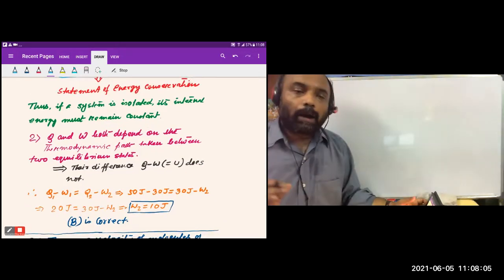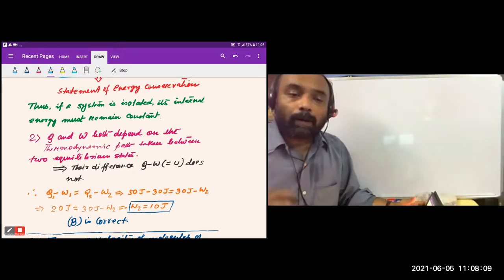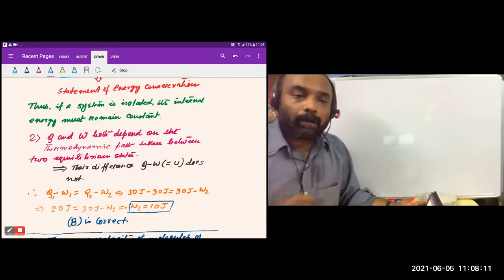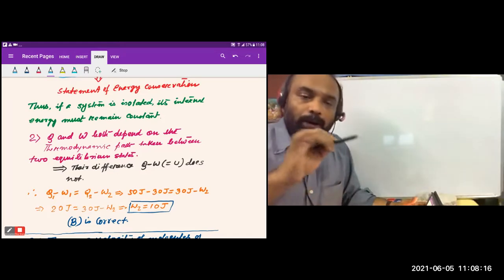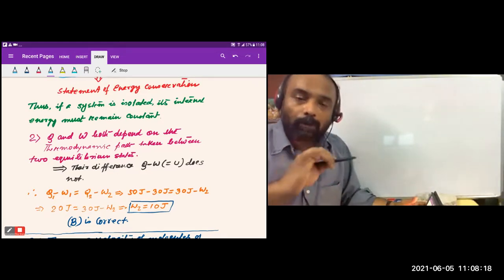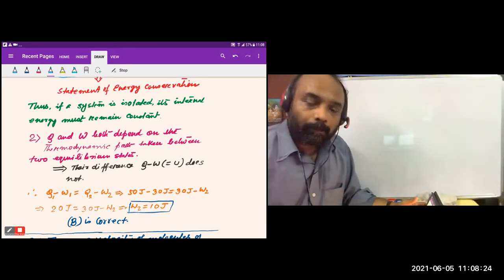Now, Q and W both depend on the thermodynamic path taken between two equilibrium states. So along path 1, W and Q are different.